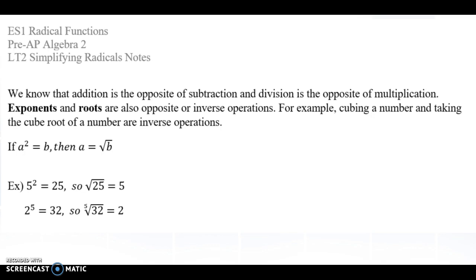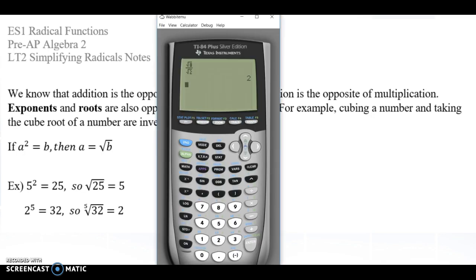Do you guys remember in your calculator how to do like a 5th root or a 4th root or a 3rd root? So square root's on the front. It's right above x squared. But if you want to do a root other than that, what I suggest, there's a couple ways. Let's say we want to do a 5th root. We're going to put a 5, and then do math.